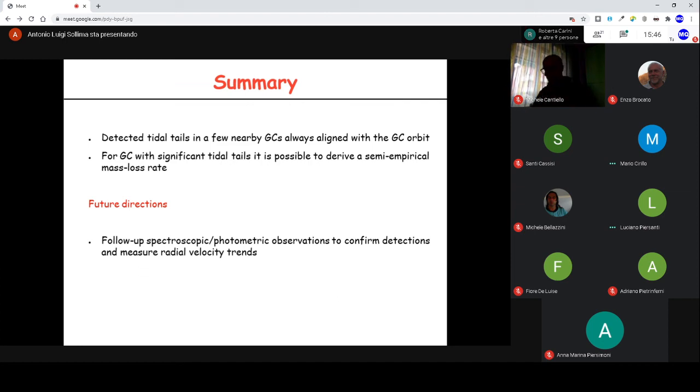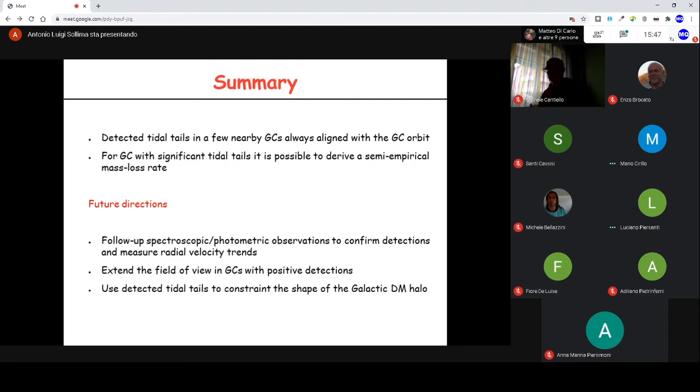Or to use radial velocity data, only for the brightest stars of course, to also constrain the streaming motion of the tails in the radial direction. It's also possible to do the same with the next release of Gaia. Of course, the aim is also to use these tidal tails to constrain the shape of the galactic dark matter halo potential.